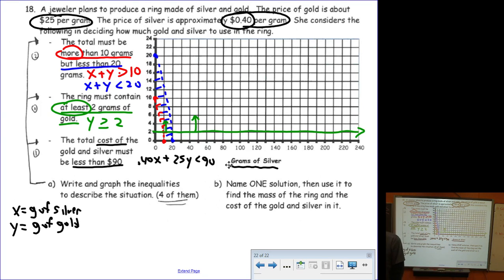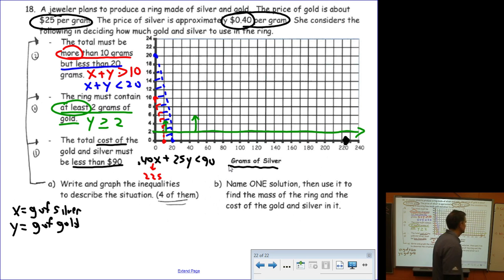So again, to graph this, I figured out the x and y intercept. The x-intercept is 90 divided by 0.40, and that turns out to be 225. So I went ahead and put a dot on the x-axis at 225, which is right there between 220 and 230.